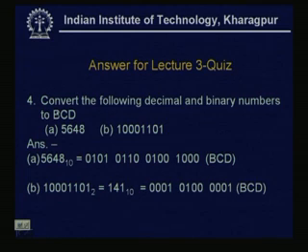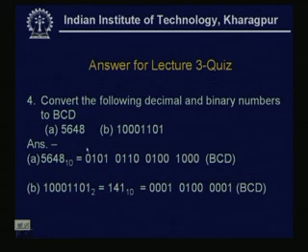Now, the last question was the conversion of decimal and binary numbers to binary coded decimal, the BCD value. The first number was 5648 in decimal.